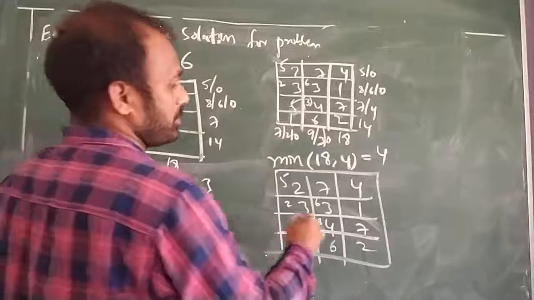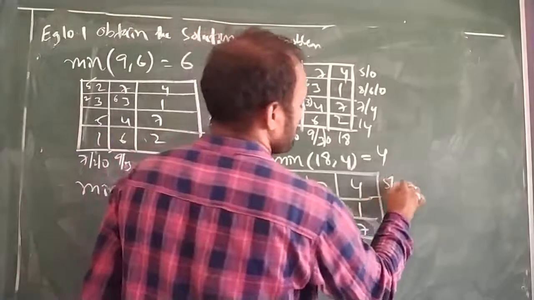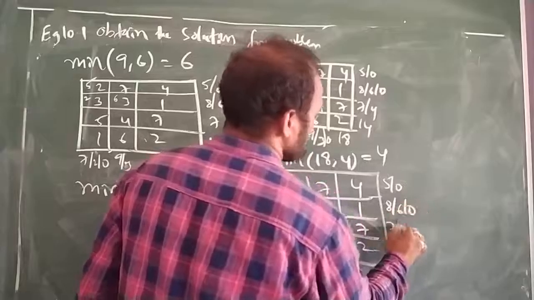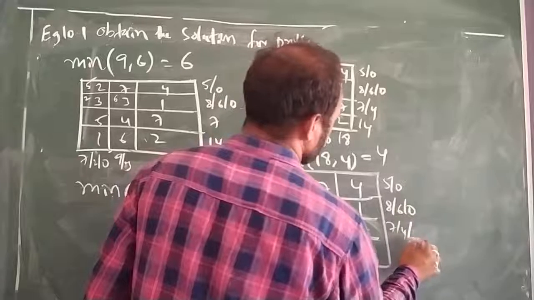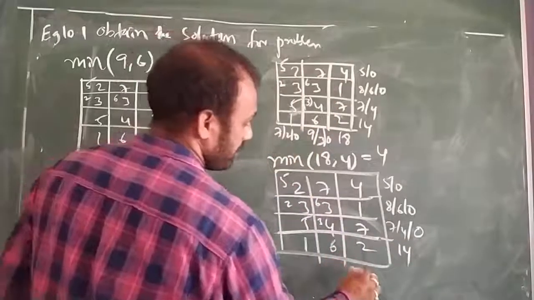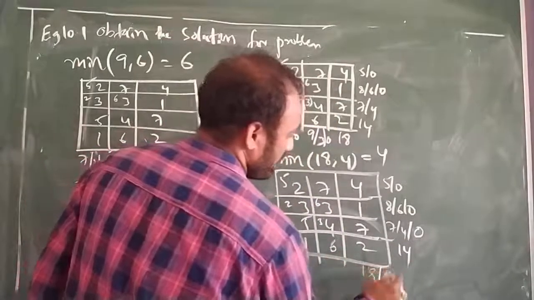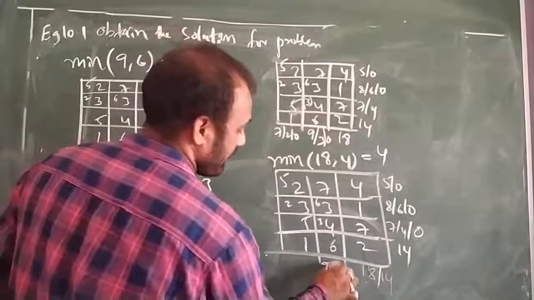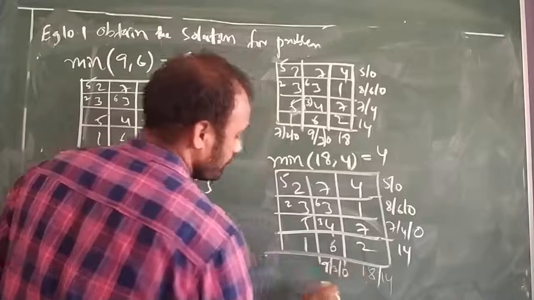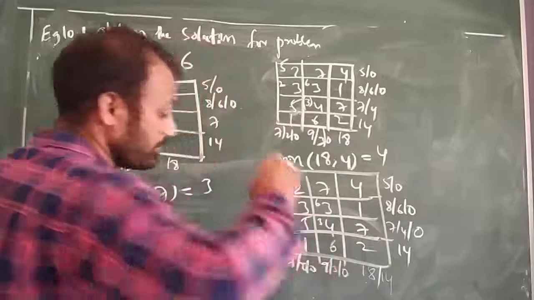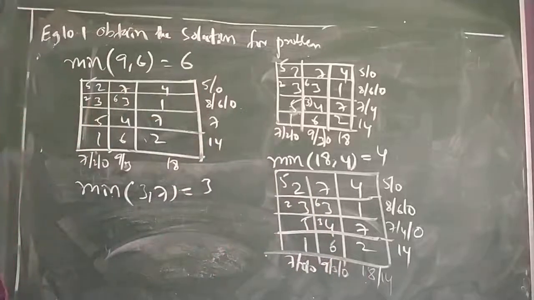Okay. Now here it is 5 by 0, here 8 by 6 by 0, 7 by 4 by 0, here it is 14. Now here it is 18 by 14. Here 9 by 3 by 0, here it is 7 by 2 by 0.